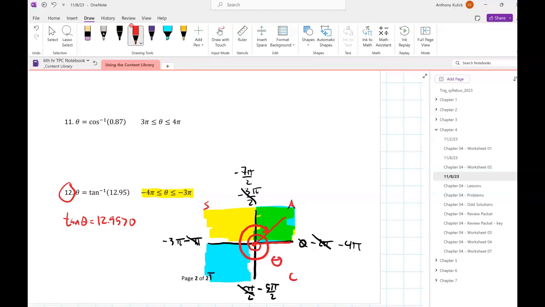There's my theta. Everybody feel good there? Where's my alpha at? In between the terminal side and negative 4 pi, right? So we'll get there. We're going to find an equation that relates theta, alpha, and negative 4 pi, right?